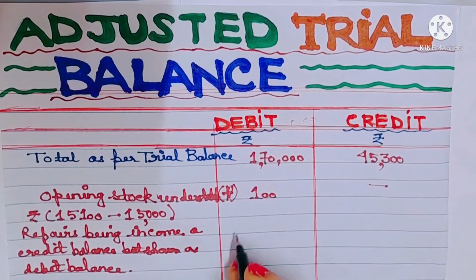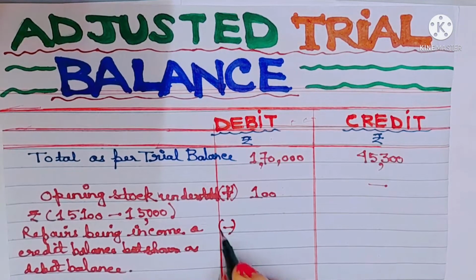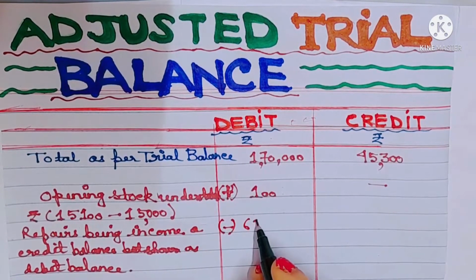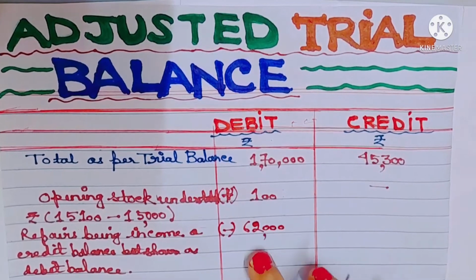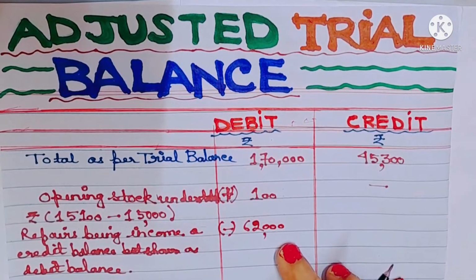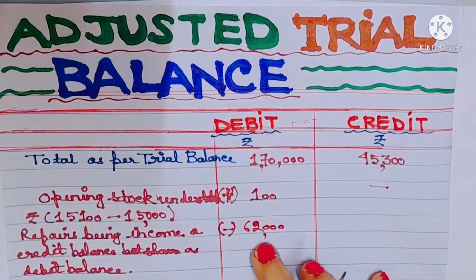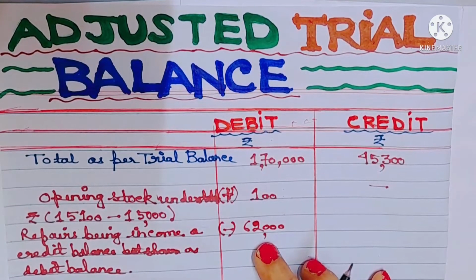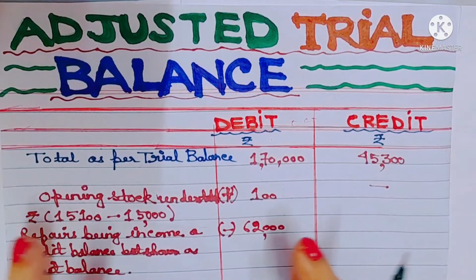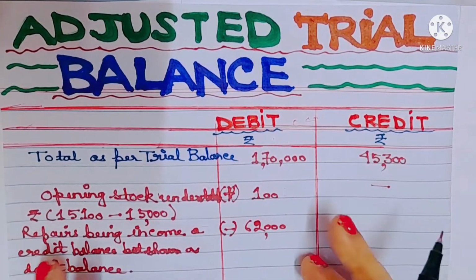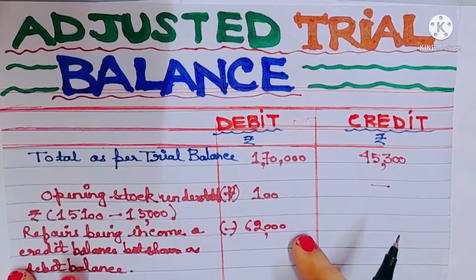First we have to cancel the amount which has been written on the debit side, 62,000. In the debit column 62,000 was written. That is obviously plus 62,000. If we write minus 62,000, then what will happen? It will get cancelled. Debit side would become 0. It gets offset, it gets cancelled, so it becomes 0.